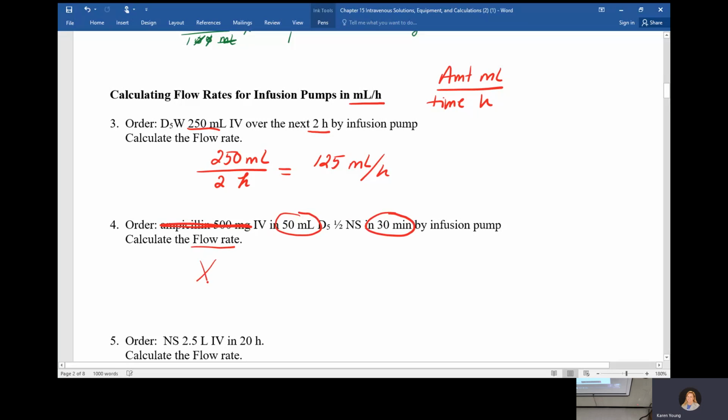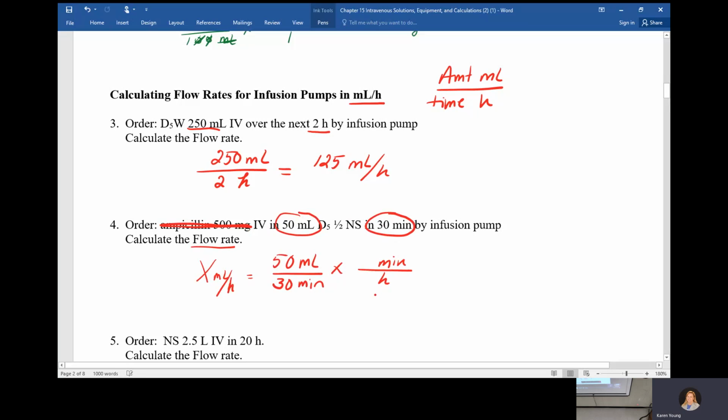So remember, I'm wanting this in milliliters per hour. So I've got my 50 milliliters over 30 minutes, but I need it in hours. So I'm going to have to convert my minutes to hours.